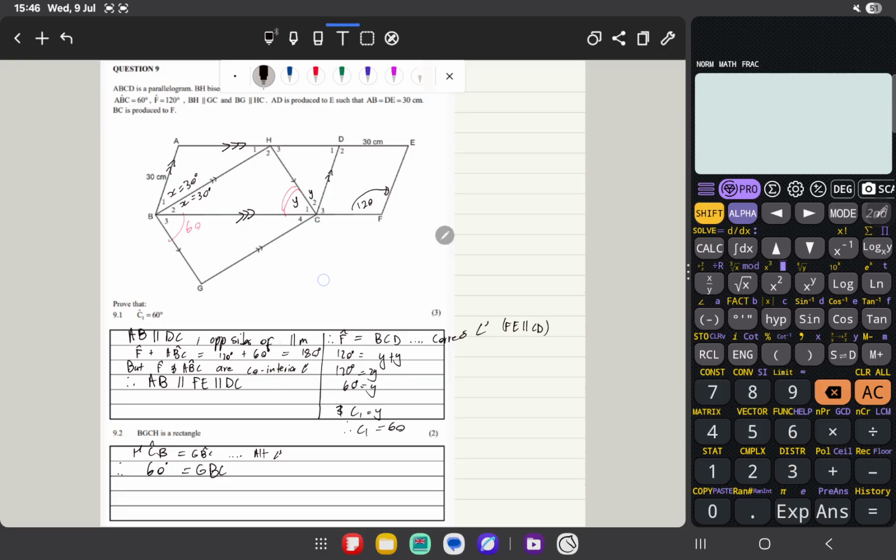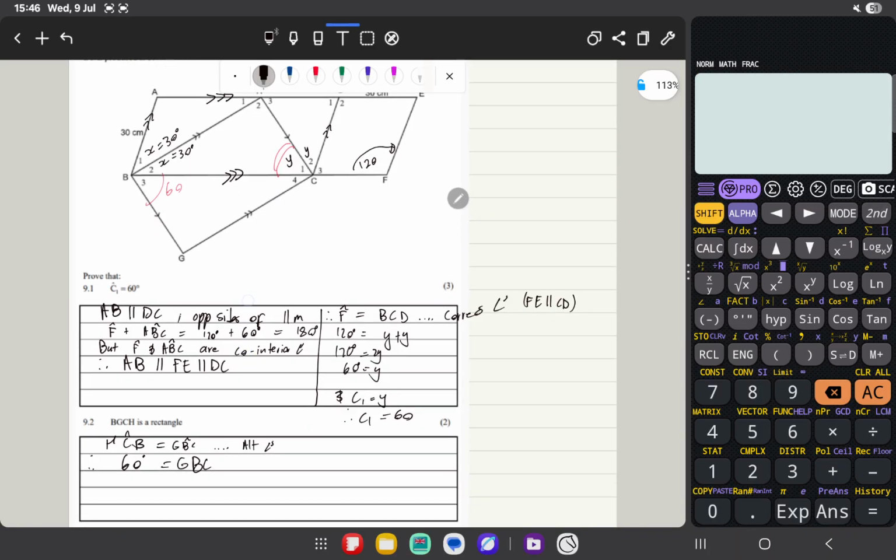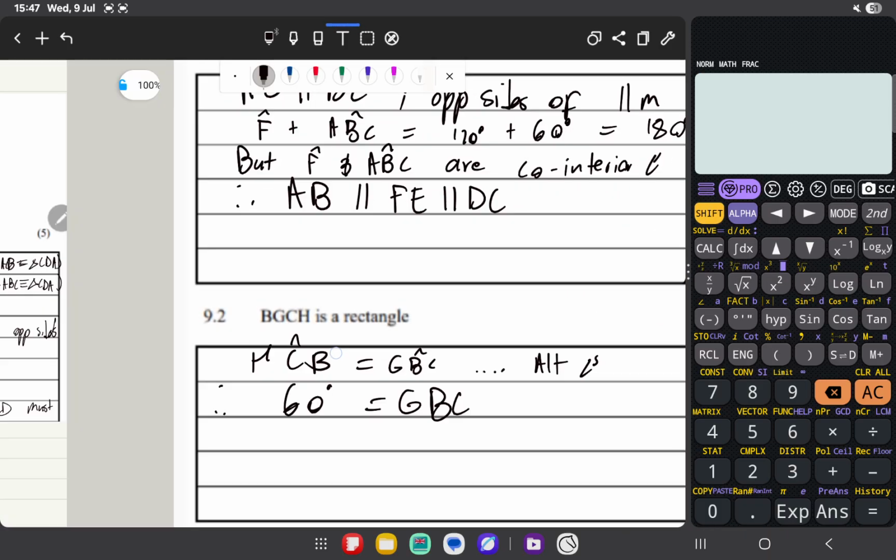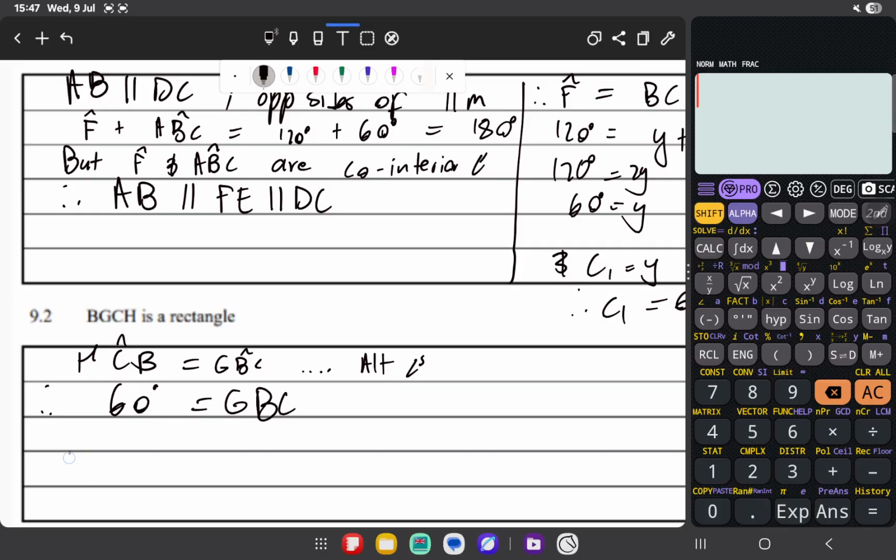And then you have angle HBG. Angle HBG equals 30 degrees plus 60 degrees, which is 90 degrees.